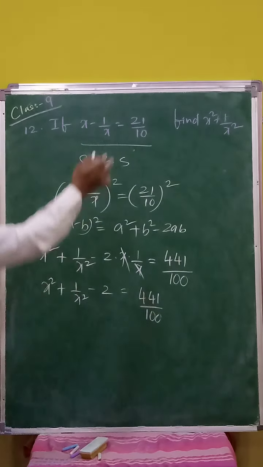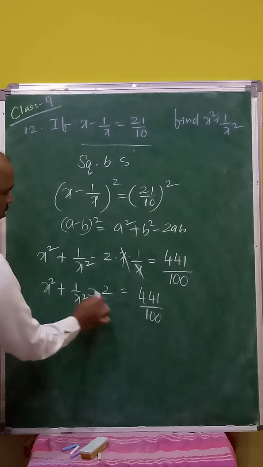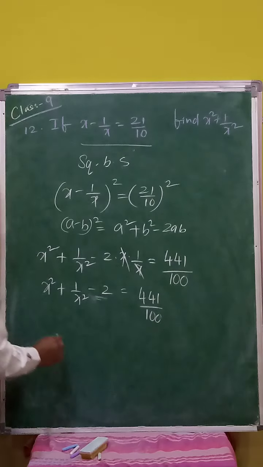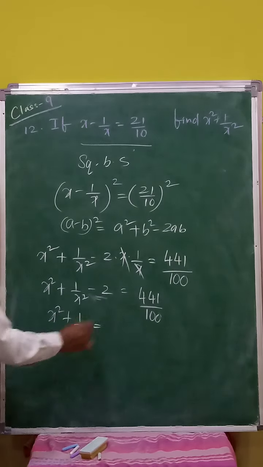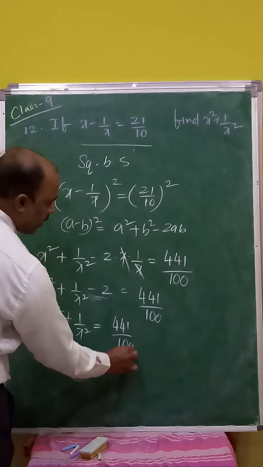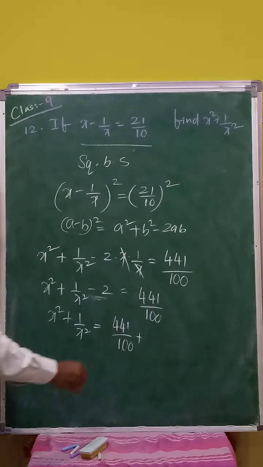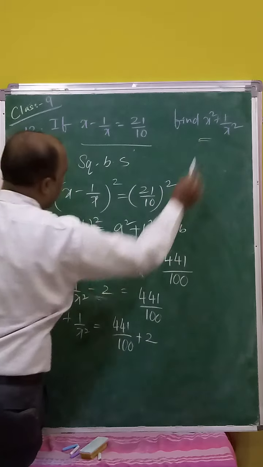What is the question asking actually? x square plus 1 by x square. That's why this minus 2 we transpose to the right side. x square plus 1 by x square is equal to 441 by 100 plus 2. If you take it to the right side, it is plus 2. Now take the LCM on the right side. LHS we got x square plus 1 by x square.